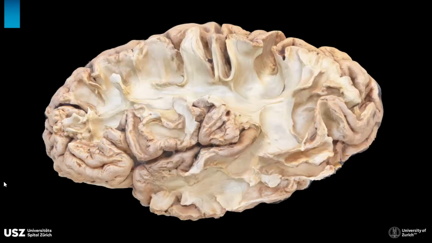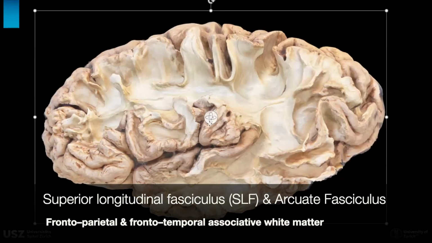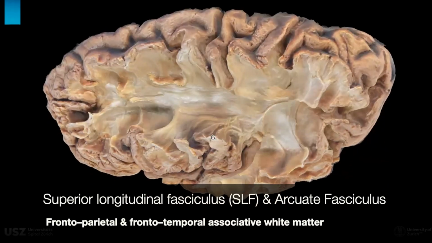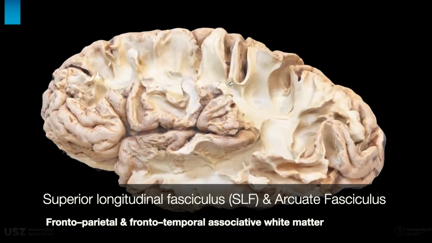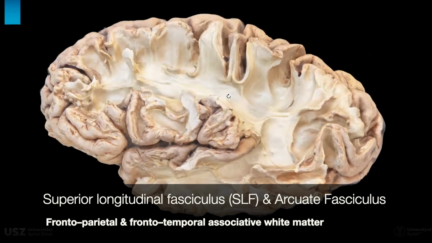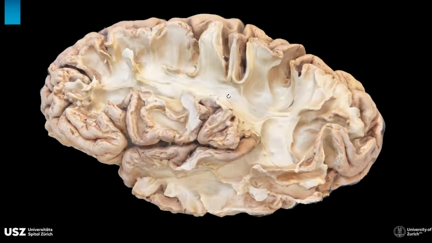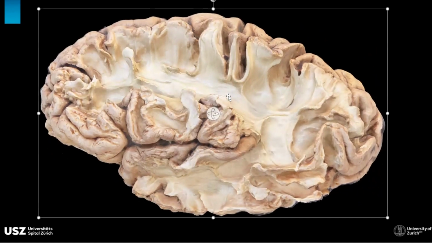Second step will be exposure of the so-called superior longitudinal fascicles. Now, what you will realize during dissection is the following. At this millimetric scale, you will not be able to see the single detailed termination of each tract.